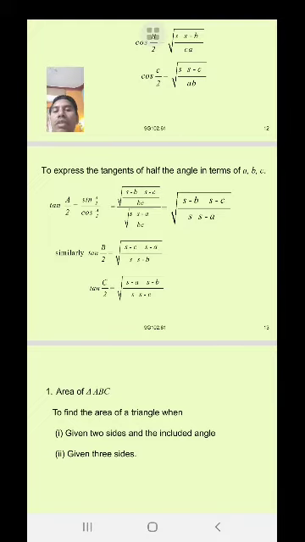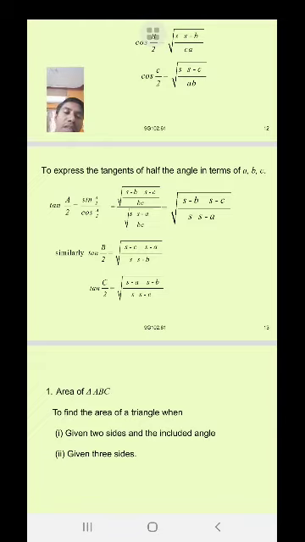Similarly, tan B by 2 equals under root of (s minus c) into (s minus a) by s into (s minus b). To remember, the side corresponding to the angle we are writing on the left side comes in the denominator of the RHS. I'm saying this to help remember the formula. Or if you know sin A by 2 and cos A by 2, by simplifying we can write. Similarly, tan C by 2 equals under root of (s minus a) into (s minus b) by s into (s minus c).